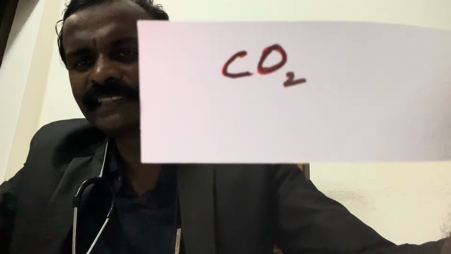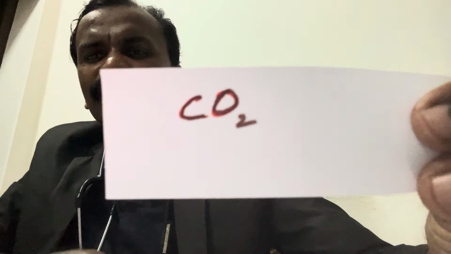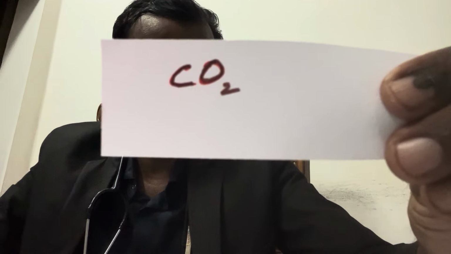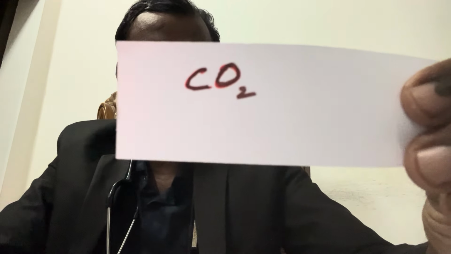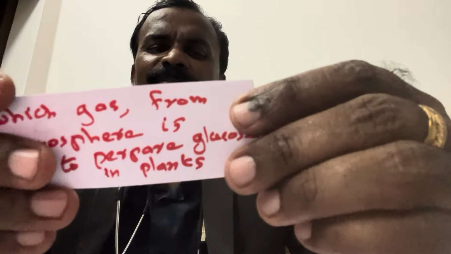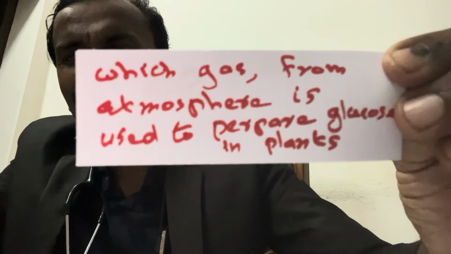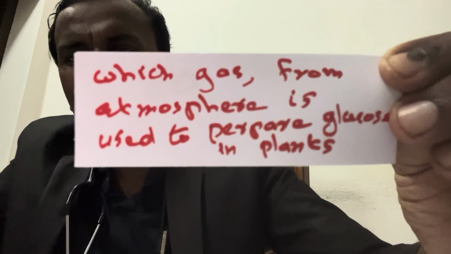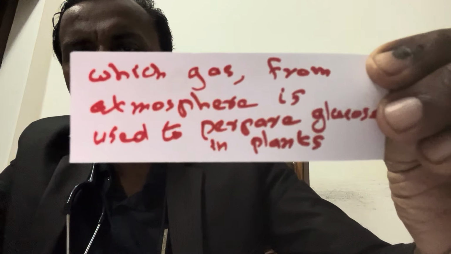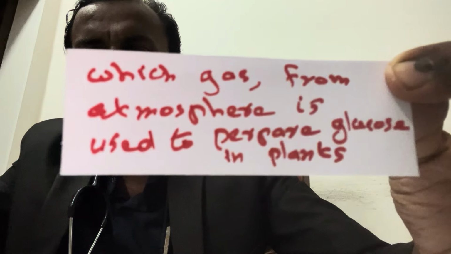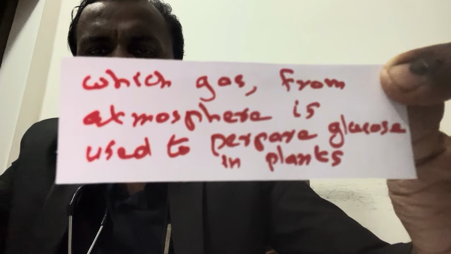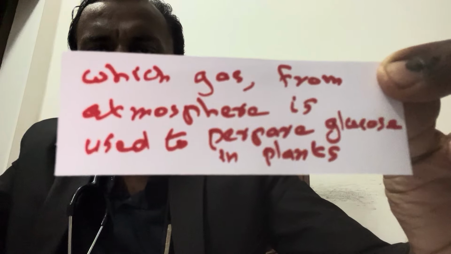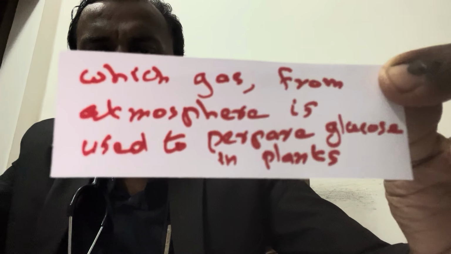So carbon dioxide is the answer. You have to frame the question. Do you know the question for this? Which gas from the atmosphere is used by plants to prepare glucose?